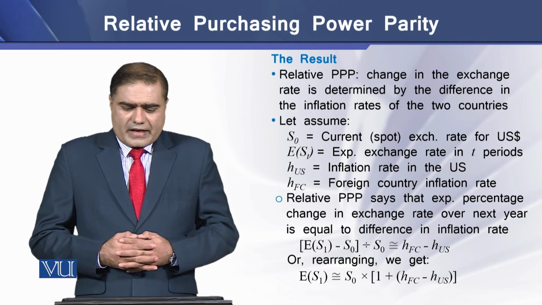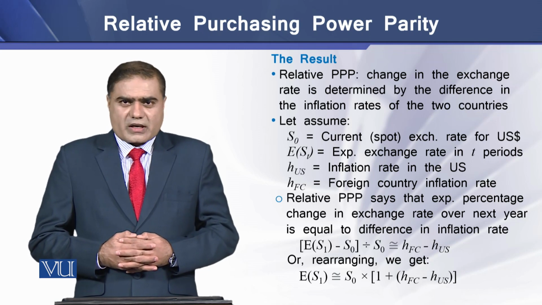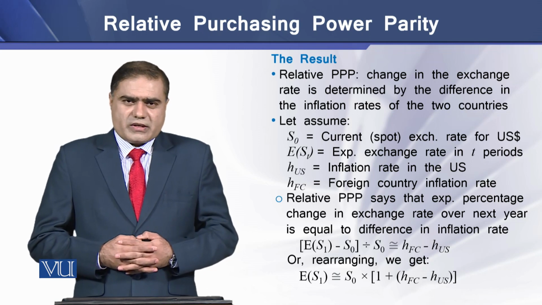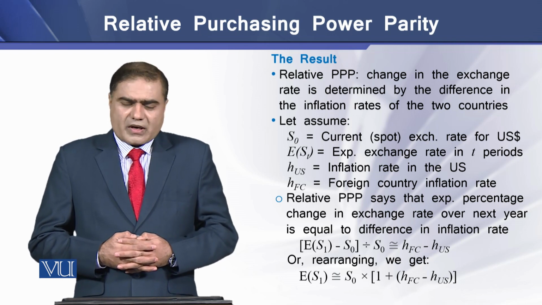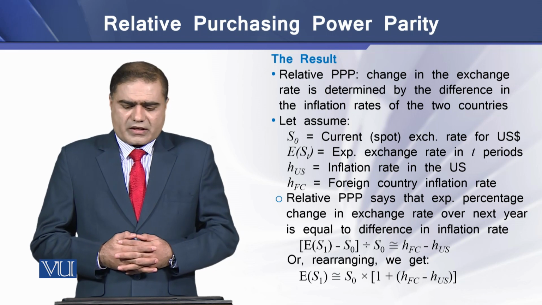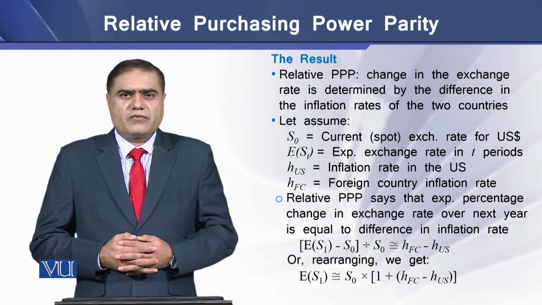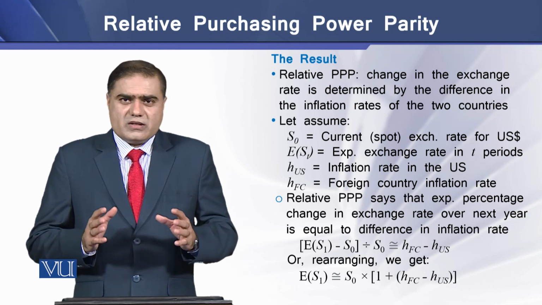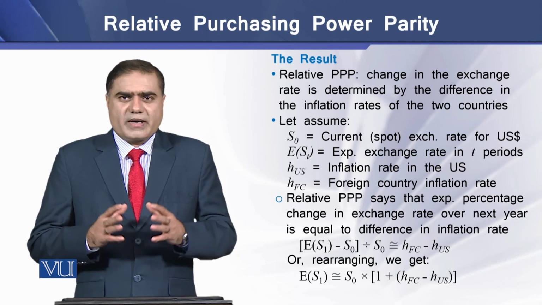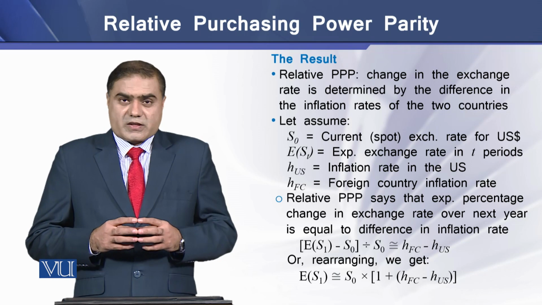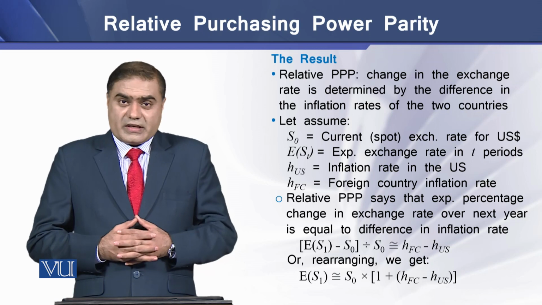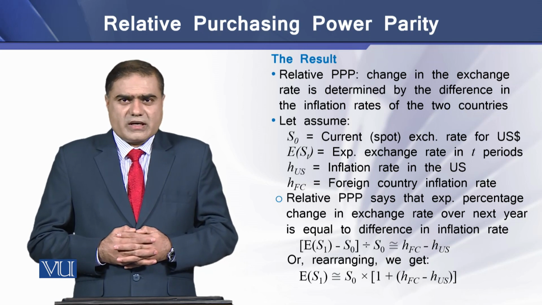We assume that S naught is equal to the current spot exchange rate for the US dollar, and E(S_T) refers to the expected exchange rate in T time periods, and h_US is the inflation rate in the US, whereas h_UK refers to the inflation rate in the UK.